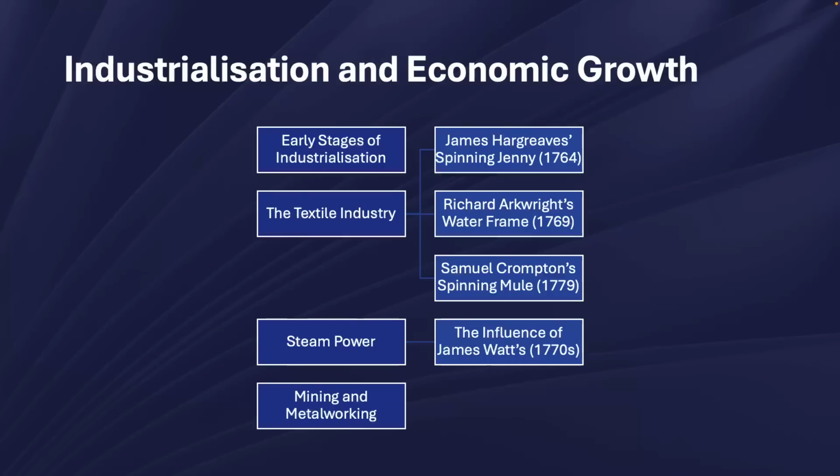The coal industry and iron production also expanded as well, providing energy and raw materials that were needed for a burgeoning manufacturing sector. And you can see how all of this contributes together to the growth of industrialization at a really, really fast pace. We see, for example, that iron production grew through the use of coke instead of charcoal, which was introduced by Abraham Darby in the late 18th century.